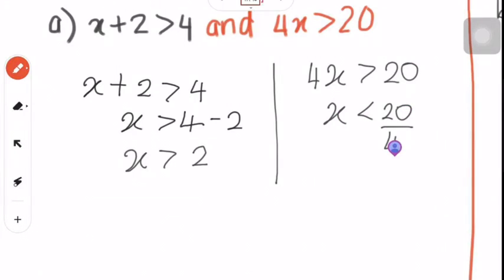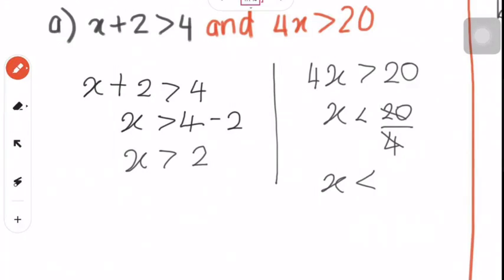Why do you change the sign, Rizkin? Why not change the sign? How do you decide whether to change the sign or not?